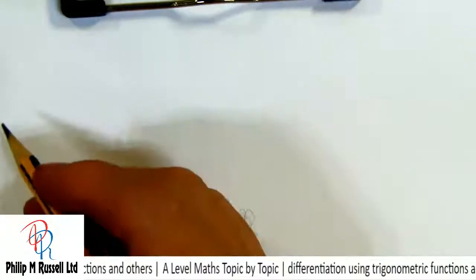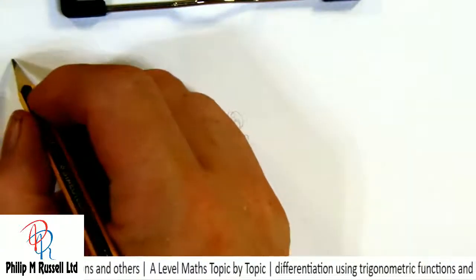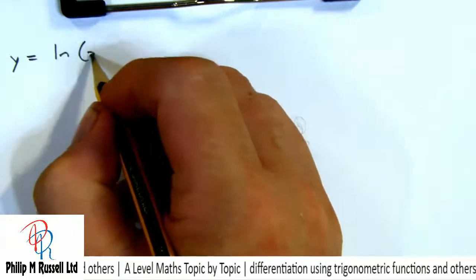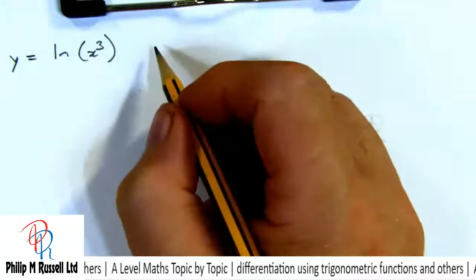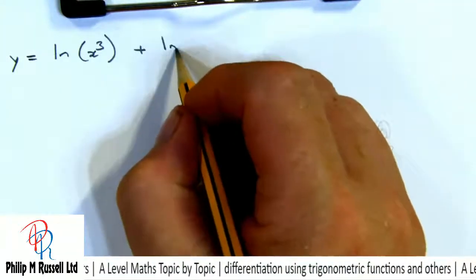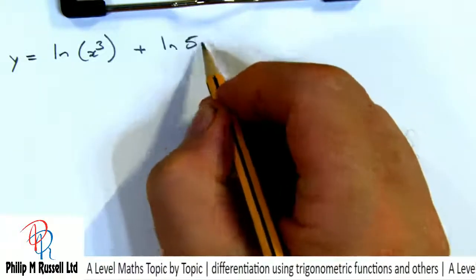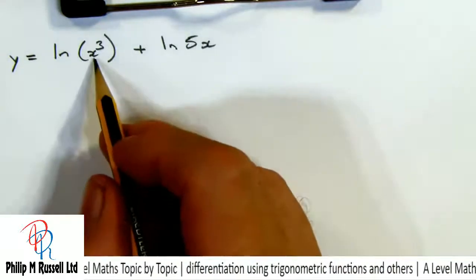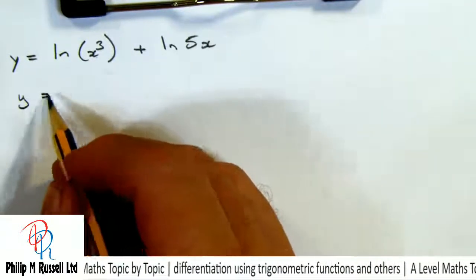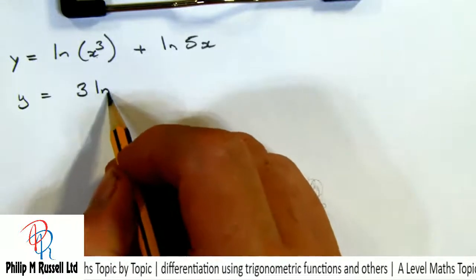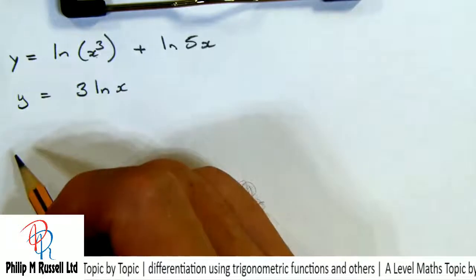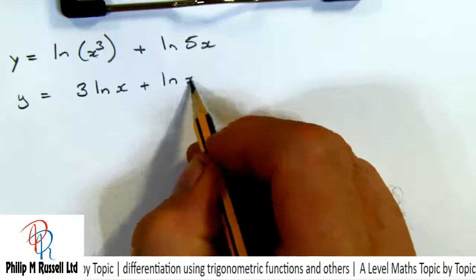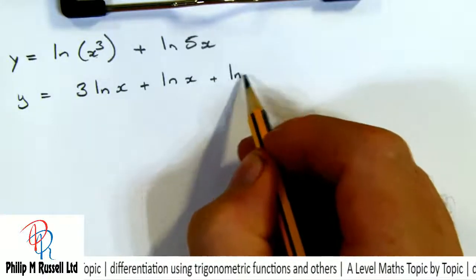Let's look at another one. If I take another example, let's have y equals ln of x cubed plus the ln of 5x. Let's think about what this one is. This is the same as 3 ln of x, and this one is the ln of x and the ln of 5.